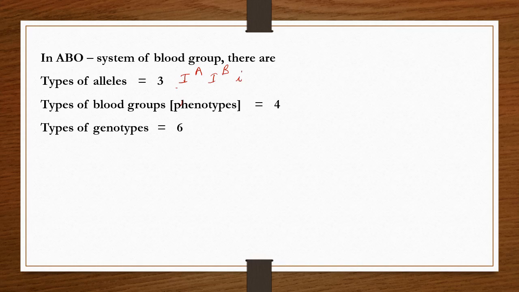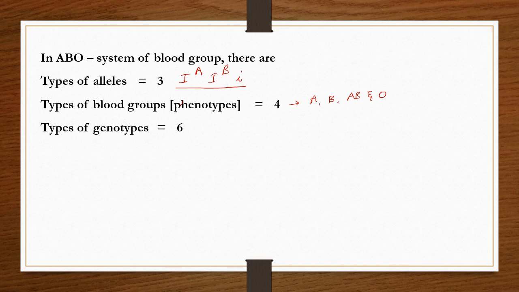These are the three types of alleles for the ABO blood group system. And the types of blood groups, phenotypes, are four. We already saw in the previous slide: A, B, AB, and O. Four blood groups, four phenotypes. And the types of genotypes are six.